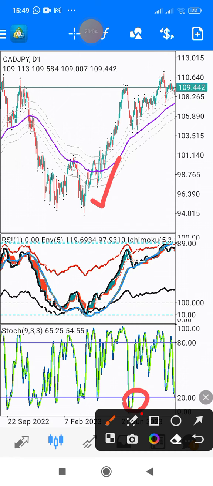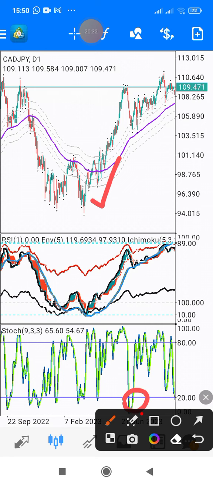On the main chart, the candlesticks are now above the moving average, exponential moving average. On this lower part, cross has occurred, Ichimoku has changed the direction, alligator has also crossed envelopes and it has now changed the direction.